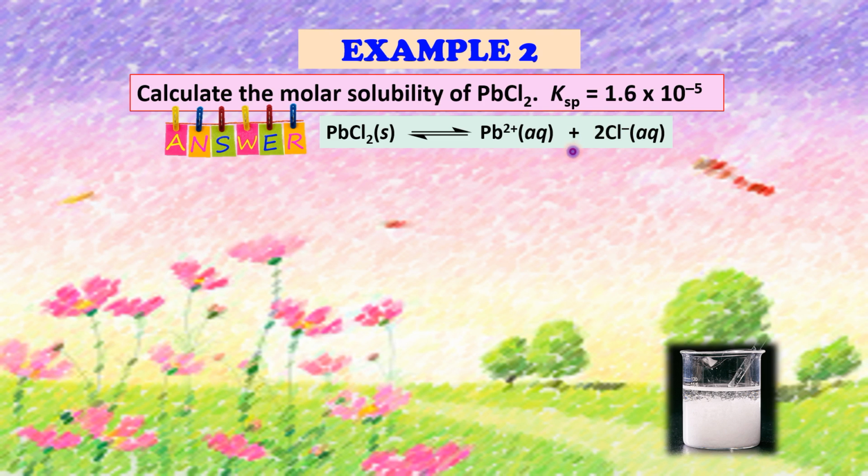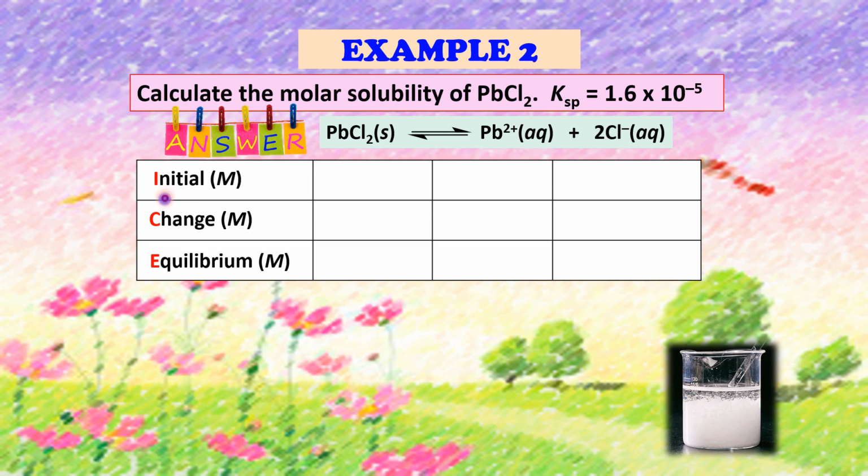Okay, next we draw the ICE table. I stands for initial concentration, C stands for change in concentration, and E stands for equilibrium. As for the row for the salt, which is a solid, just write a dash.